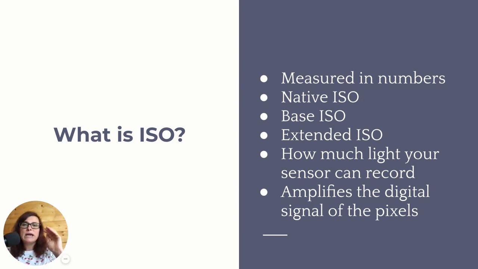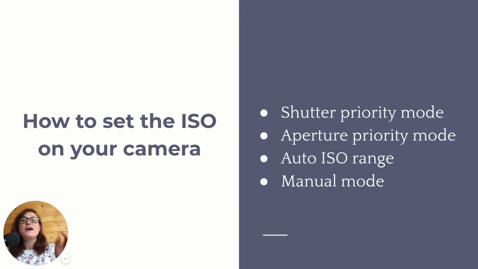Therefore, shooting at a higher ISO value means that the pixel signal, the digital signal, is amplified. And with amplifying electrical digital signals, there are some consequences that I will tell you about in a minute.